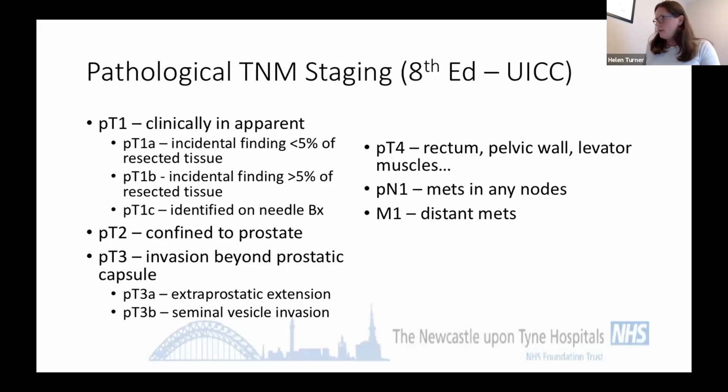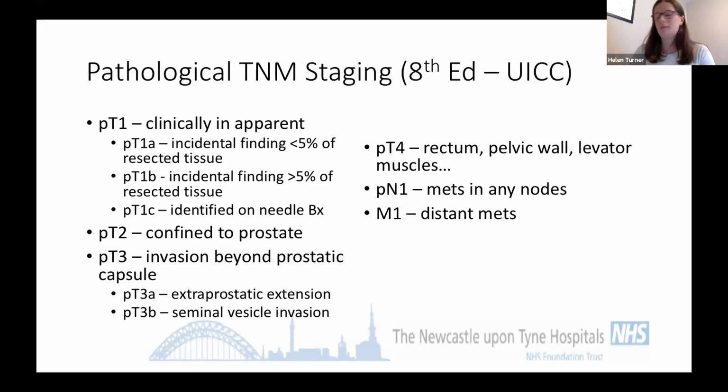I'm not sure if anybody else throughout the day will talk about the staging, but just a final slide, if you will, to remind you of the pathological TNM staging. In the UK, we use the UICC 8th edition, but obviously there's the AJCC, which may well be used elsewhere.